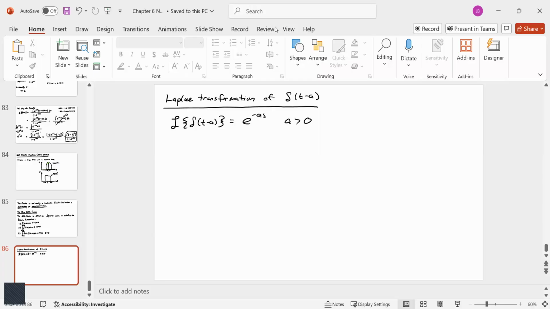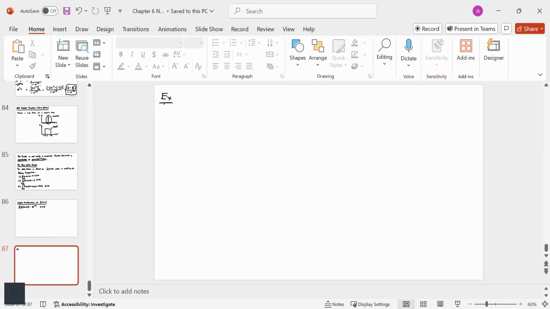So with that, we're going to be able to solve a differential equation using this type of function now. So that's going to be our next example. Solve the IVP y double prime plus 16y equal to 8 times the delta function t minus 9, given the initial conditions y of 0 equals 0, y prime of 0 equals 0.